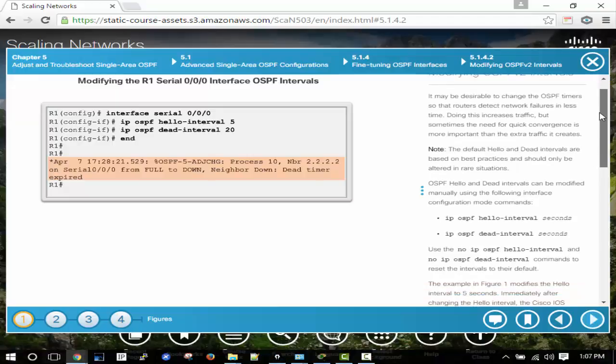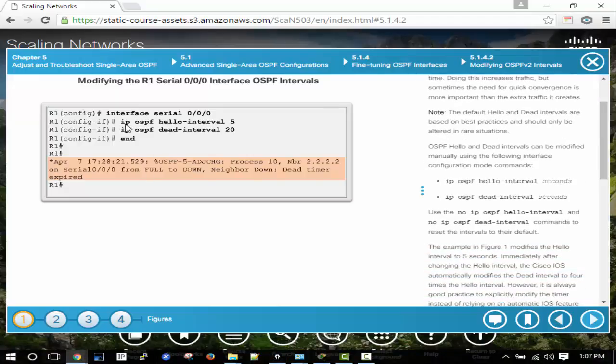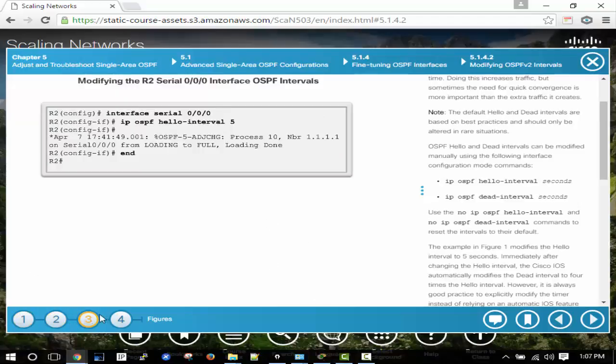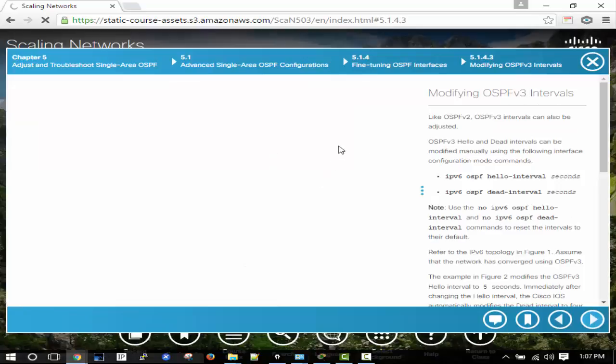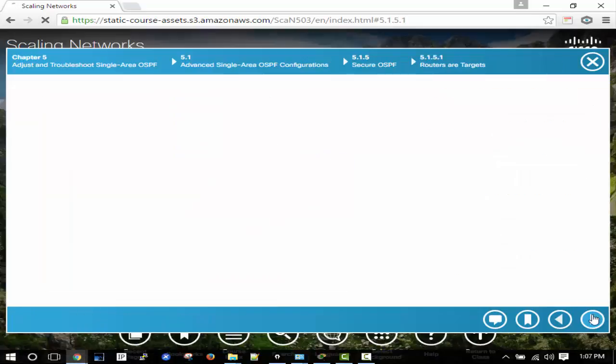And so they want hello timers to go faster. I don't know anyone that does this, but you could if you wanted a faster convergence, I guess. IP version 6, same commands.